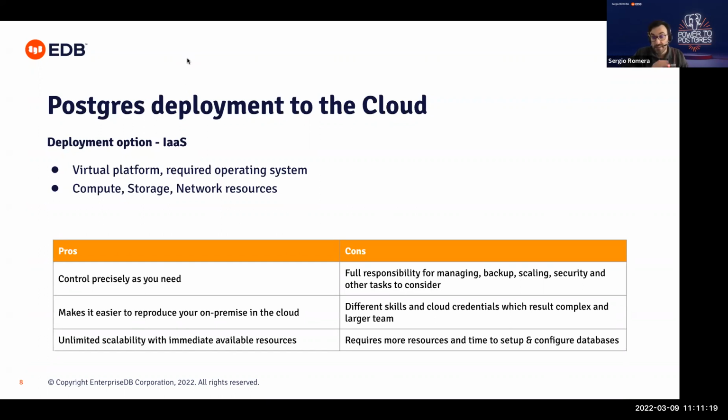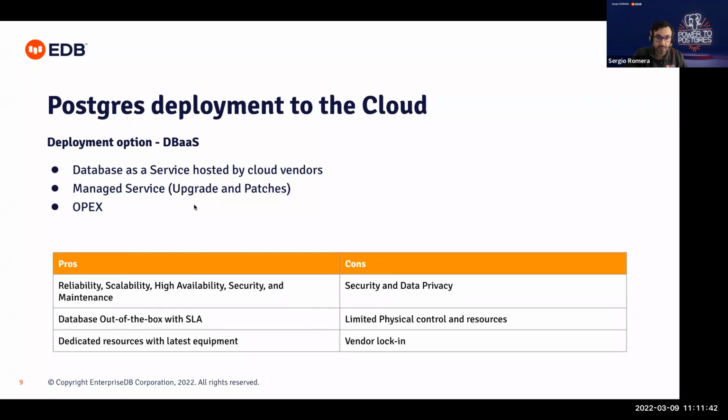This is very important because with most of the managed services that the main clouds provide, you are very limited in the number of databases you can instantiate for Postgres. Next slide, please, Kevin.